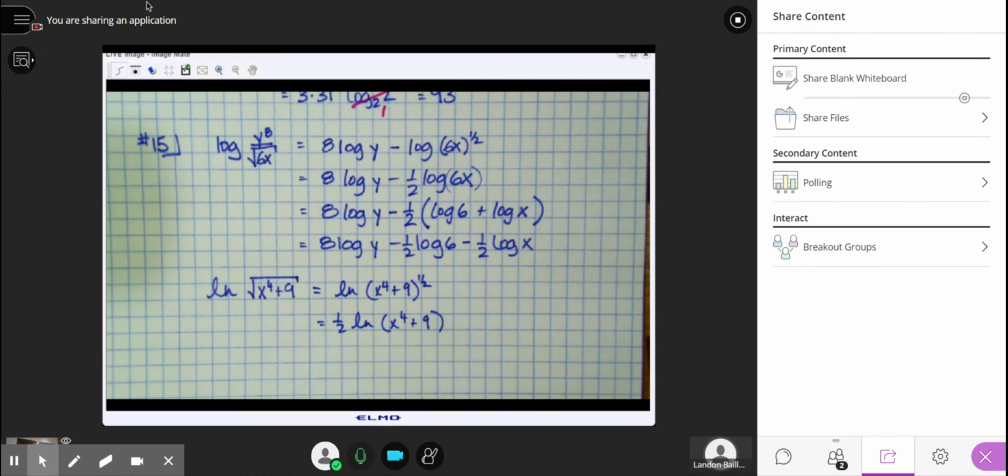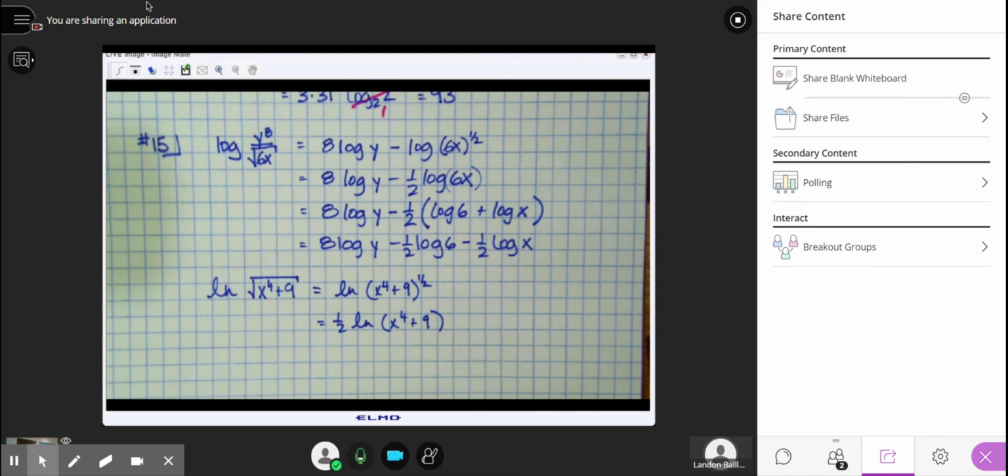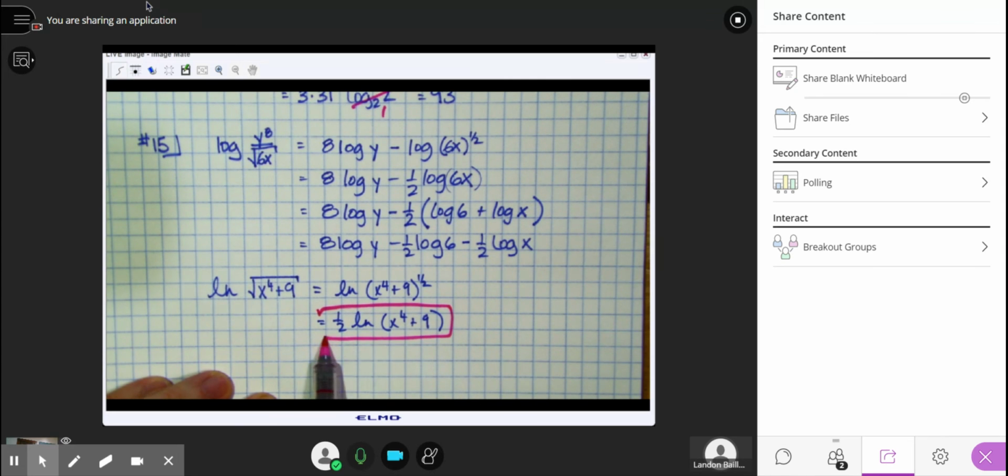No. We have a law for when there's multiplication here, but we don't have a law for when there's addition here. So we can't do anything to this. Now, this one is done. Right?